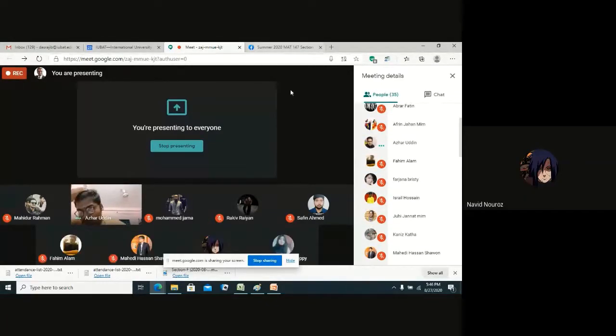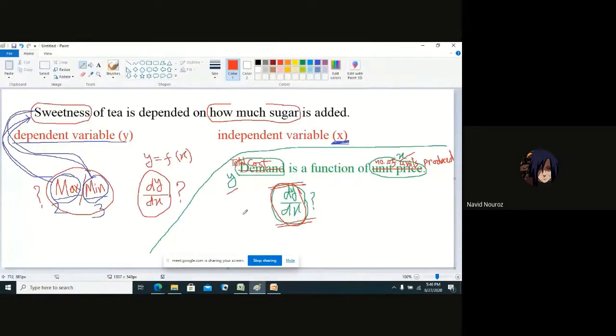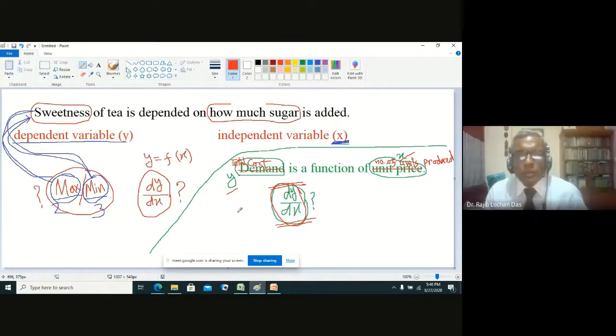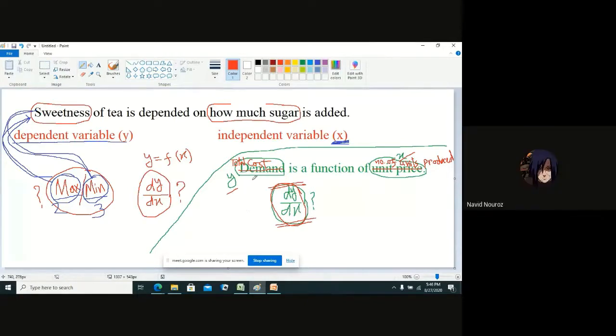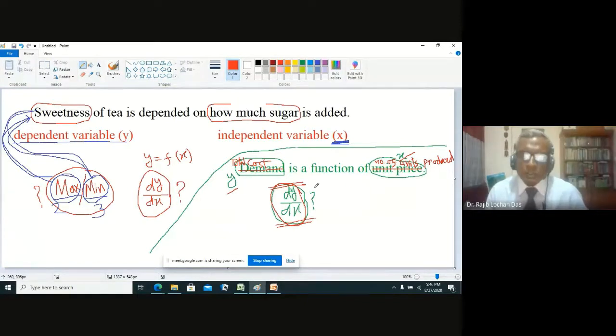Sir, so may I see the... Yes, sir. So here, the total cost is a function of, sir, unit price, right? No, no, no, total cost is not unit price. Okay, so let me write it down again.